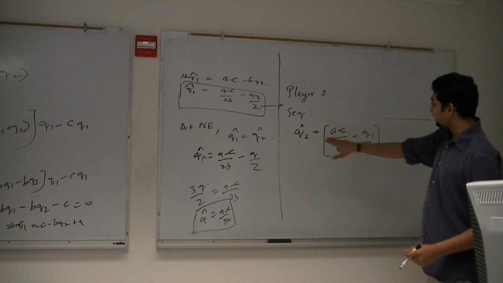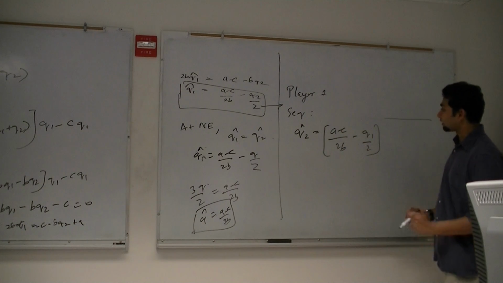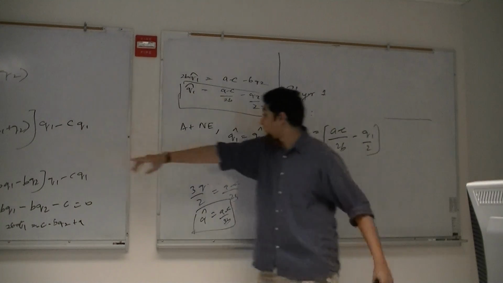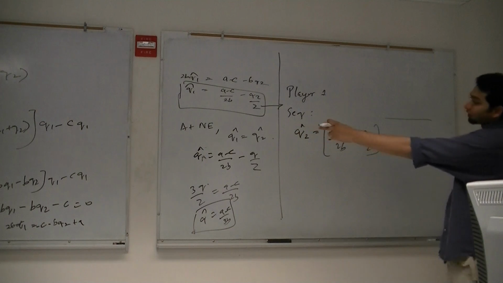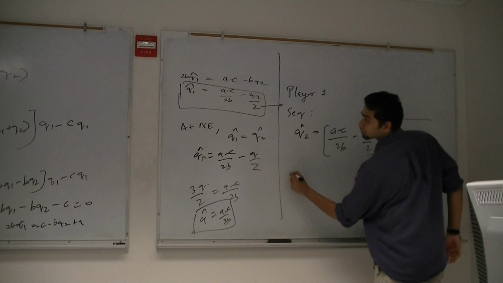Okay, so we get Q2's optimal value here, and we plug it into this particular equation in place of Q2, and basically do the same thing.